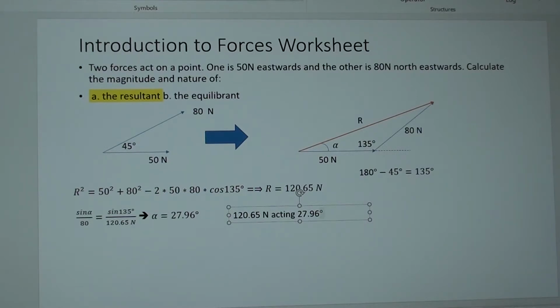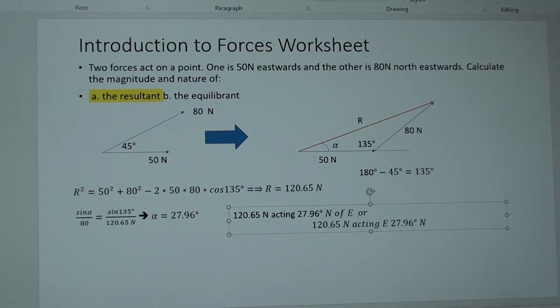In the first one, 120.65 newtons acting 27.96 north of east, or you can restate this one in a different way, which I'll write now for you guys: 120.65 newtons acting east 27.96 degrees north. So these are the two ways on how you describe the angle.